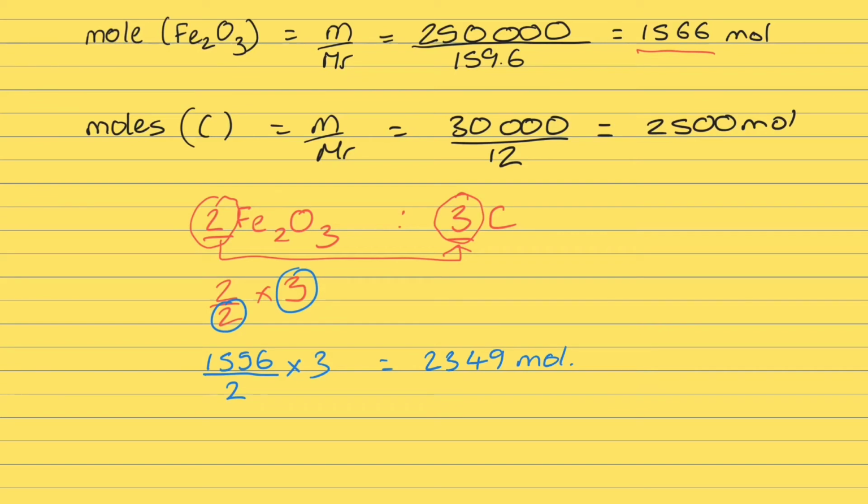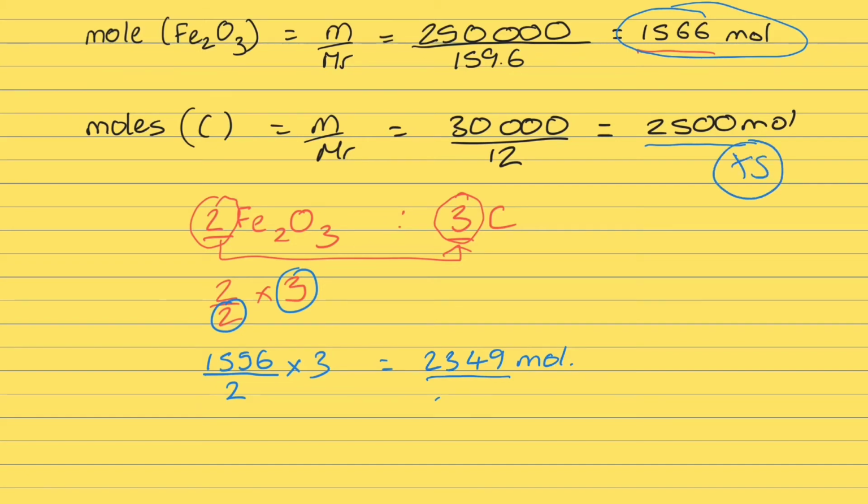So this tells me that if I had 1566 moles of iron oxide, I would need 2349 moles of carbon. Now I actually have 2500 moles of carbon, which is more than is needed to react with this number of moles of iron oxide. So therefore we can determine that the carbon is in excess in this example.